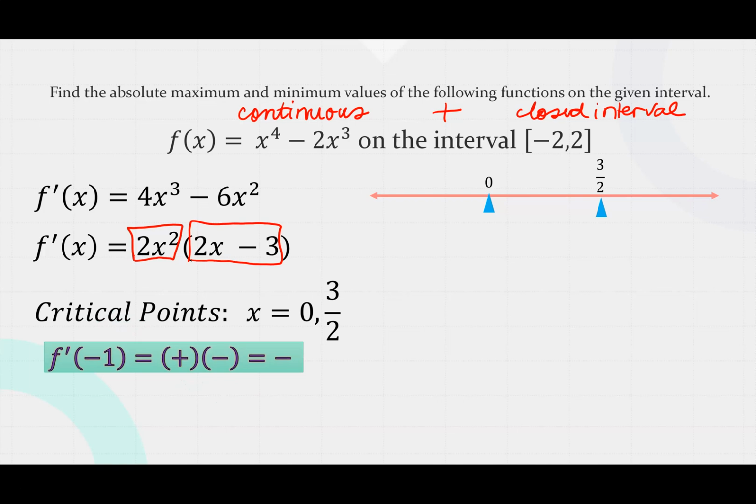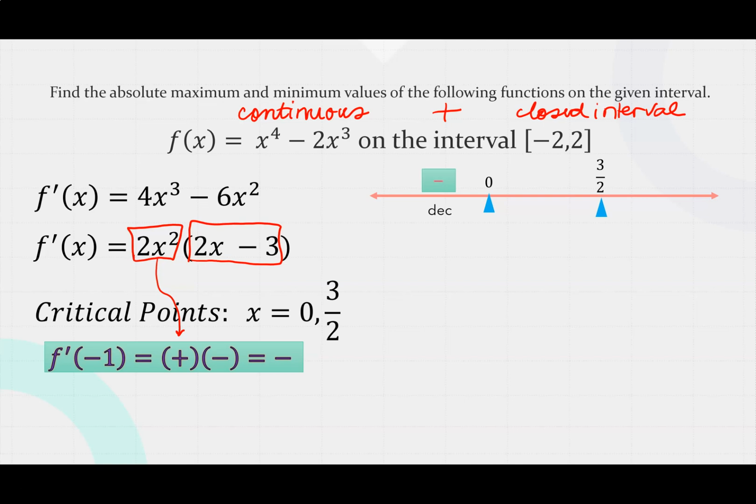Let's check. The derivative evaluated at -1 is negative. The first part is positive always because we have 2x squared. Square a number, it's going to be positive. And then when x is -1, 2 times -1 minus 3 is a negative number, so the product is negative.